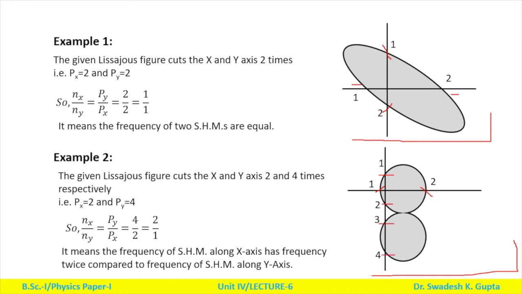So now nx upon ny is equal to py by px, because it is cutting the y-axis 4 times, so py will be 4, and on the x-axis it is cutting 2 times, so px will be 2. So 4 by 2 is equal to 2 by 1. So the SHM along x-axis has double the frequency of the SHM along y-axis.